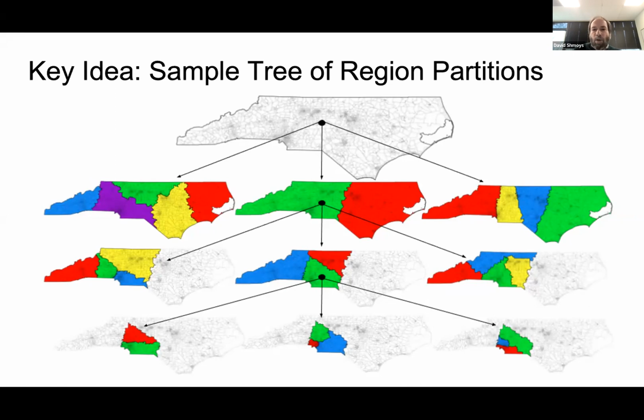At any given point, I'm going to have some subregion of the state, initially the whole state, and some number of representatives that are assigned with that. And then I'm going to randomly select a branching factor. How many subregions am I going to partition into at the next stage forward? So here in this case, I'm also going to choose a replication factor.